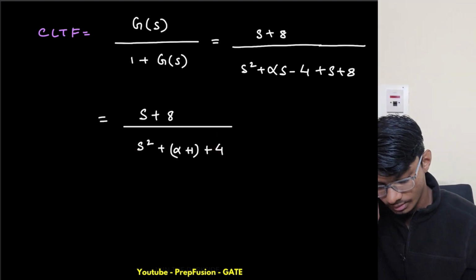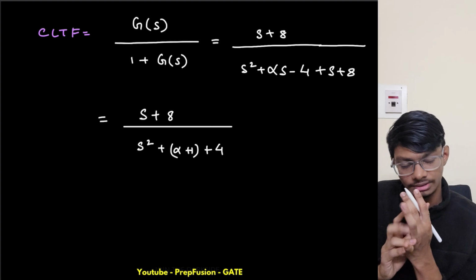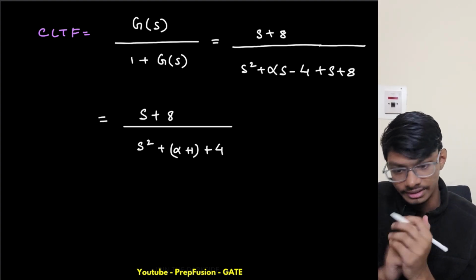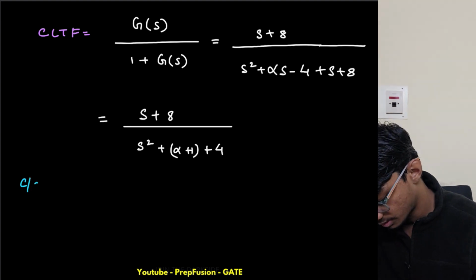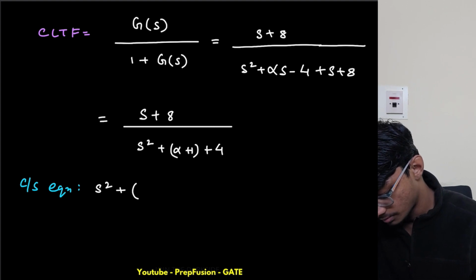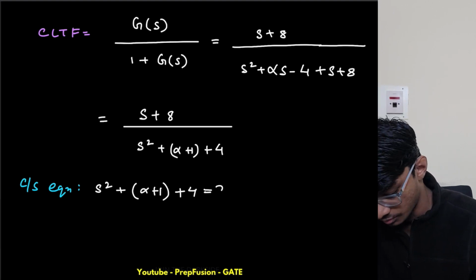So at least these two are satisfying my condition for stability. Okay, let me write the characteristic equation. The characteristic equation is basically S square plus (alpha plus 1) S plus 4 equals 0.